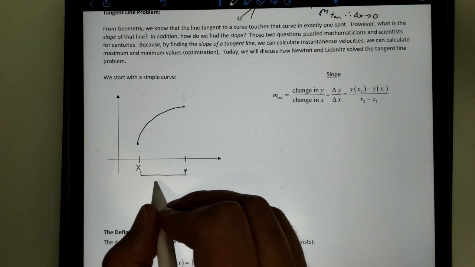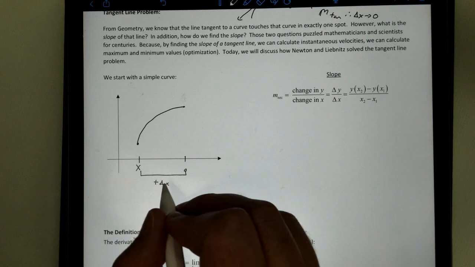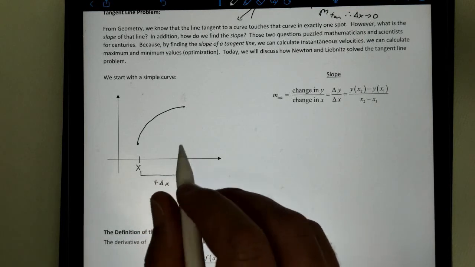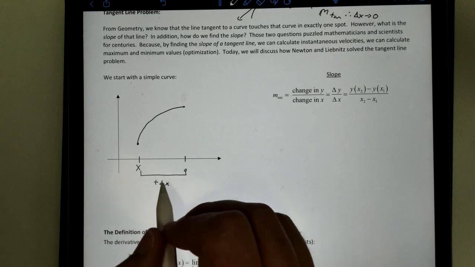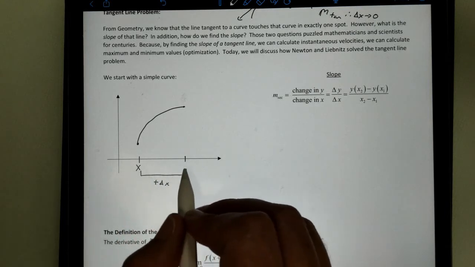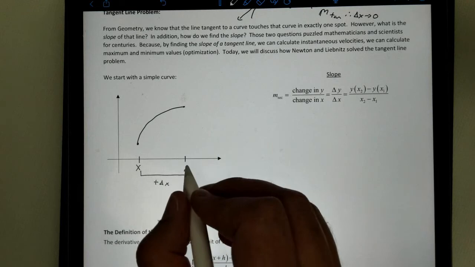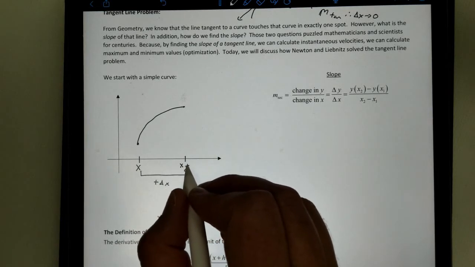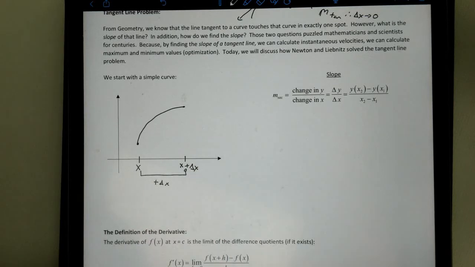I'm going to call it x plus delta x. In other words, I'm going to change my value by a certain amount. For example, if this was 3 and delta x was 2, this would be 3 plus 2, which would put me at 5. So my new point here becomes whatever my original x was plus this change in x.